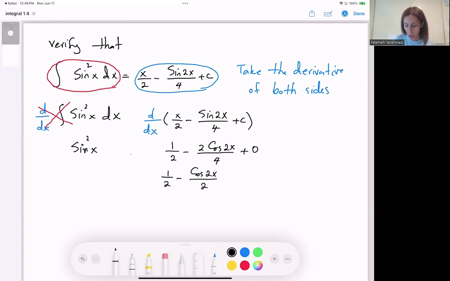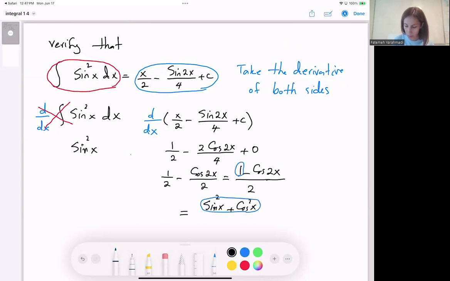But if I take the common denominator between these two, I get 1 minus cosine 2x, all divided by 2. Are these two equal to each other? What is 1? 1 from pre-calculus is sine squared of x plus cosine squared of x. This is my 1.